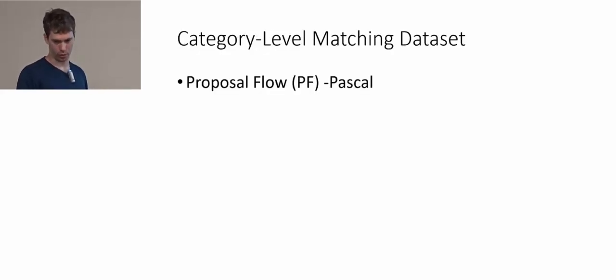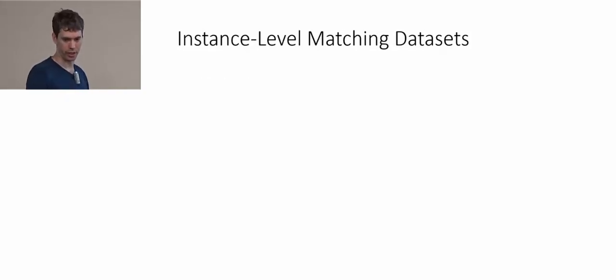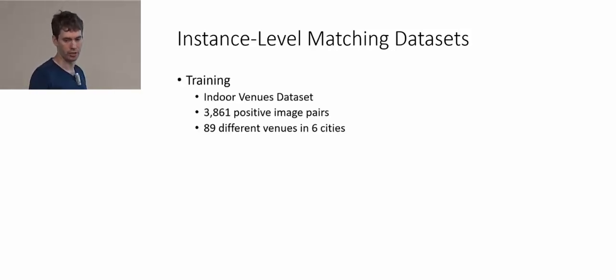So for the category level matching experiment, they used the proposal flow or PF Pascal dataset, which has over 1,000 images with 20 object categories. For the instance level matching experiment, they created their own dataset for training that they call the indoor venues dataset.